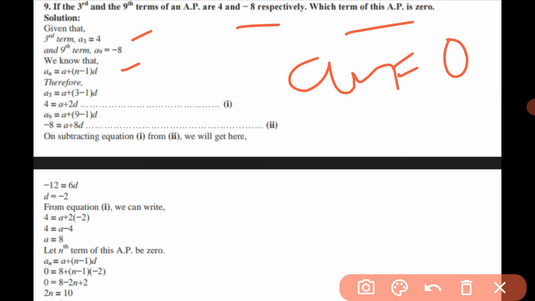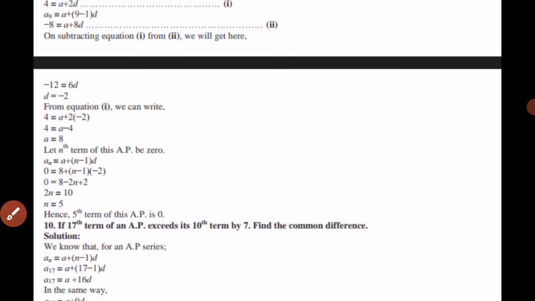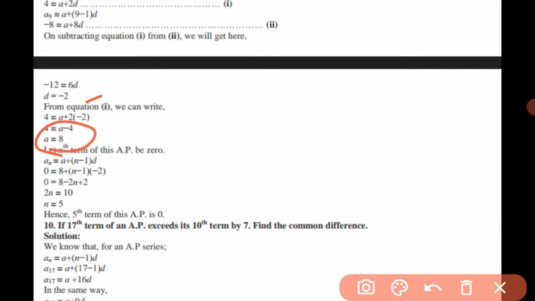Now we know that a3 equals 4. So the first equation will be 4 equals a plus 2d, and the second equation will be minus 8 equals a plus 8d. Now by solving equations 1 and 2, we can find the value of d, which is minus 2, and the value of a equals 8.